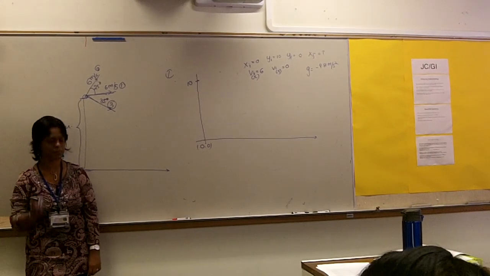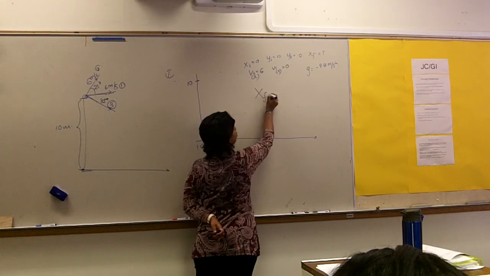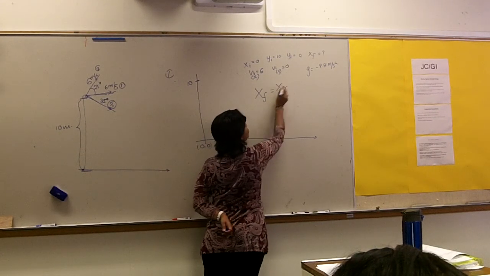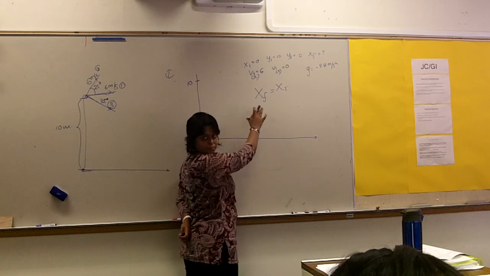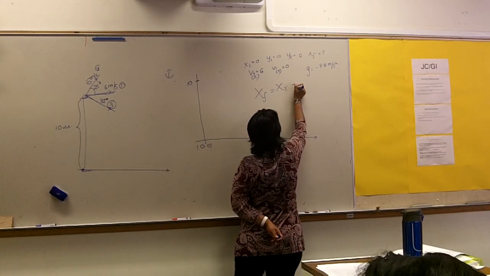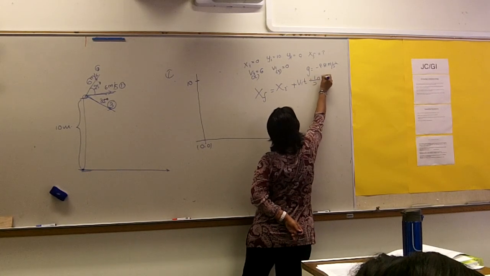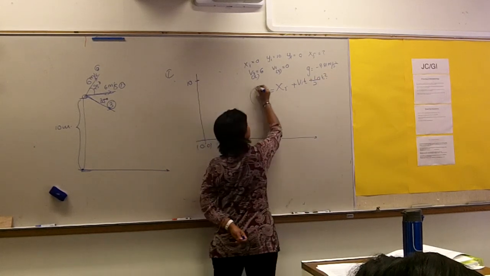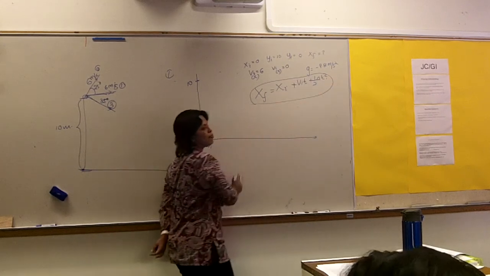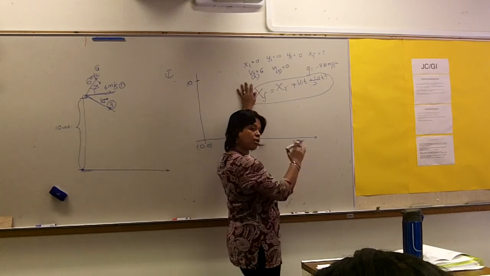x final equals xi. This is the equation, but we are using y here. The basic equation is xi plus vit plus half at squared, but let's use the y part. Long ago we learned that.